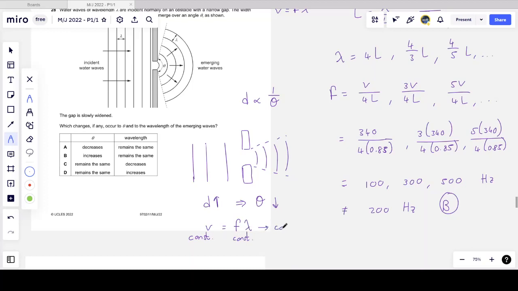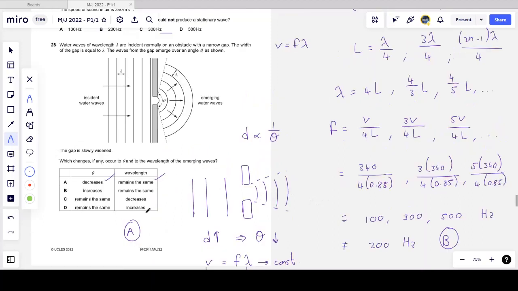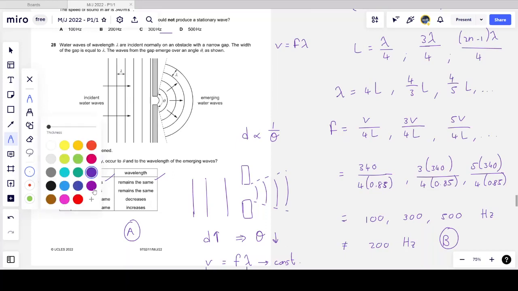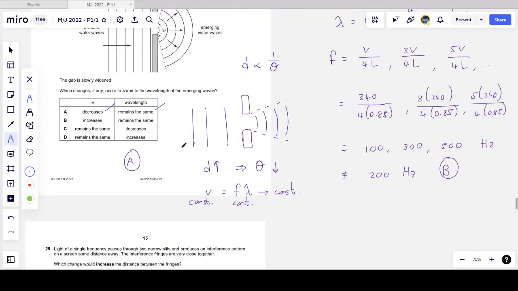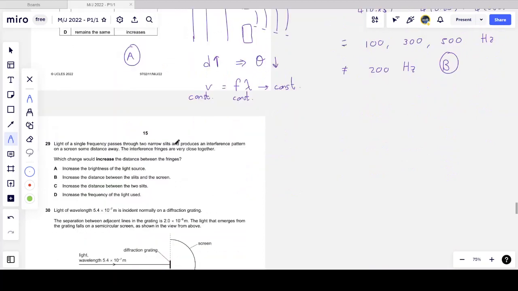And so theta does decrease and the wavelength does remain the same, and the correct option there is option A. So yes, there's a big diagram and it can seem overwhelming, but in essence, it wasn't a question that required a lot of time to answer.